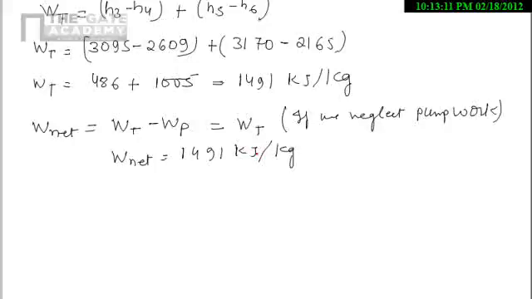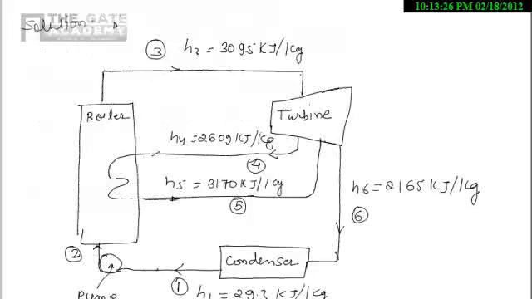Now let's consider Q1, the heat supply. Here the enthalpy changes from H4 to H5, and also from 2 to 3. There is a heat addition process from 4 to 5 and 2 to 3, but since we neglect the pump work, heat addition is from 1 to 3 and 4 to 5.